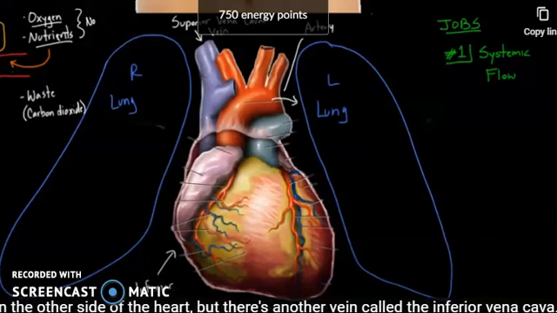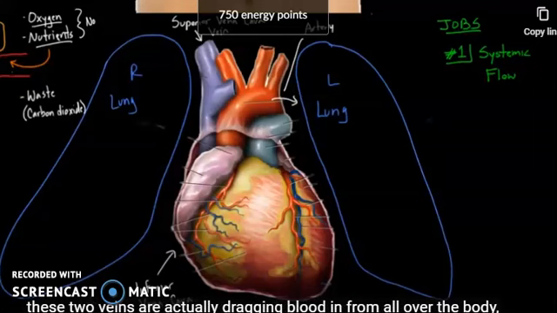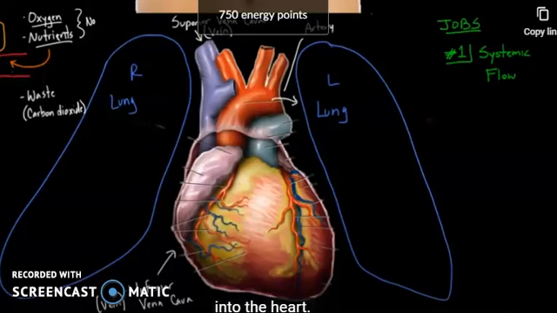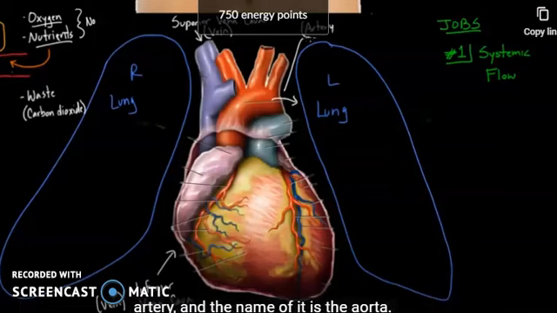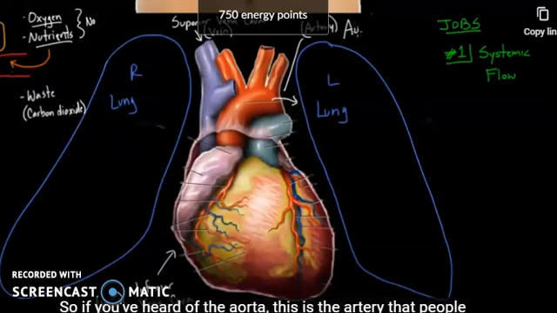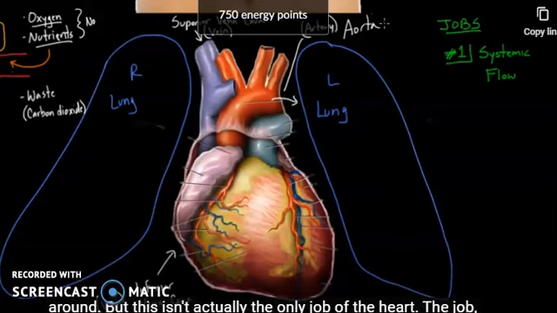There are inferior veins which carry blood. They take the blood from all the parts of the body into the heart, and then when the heart is ready to pump, it goes back out through the artery named the aorta. So this is how the blood comes in and gets pumped out of the heart.